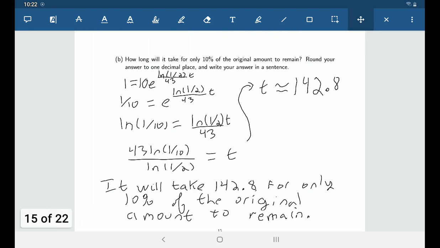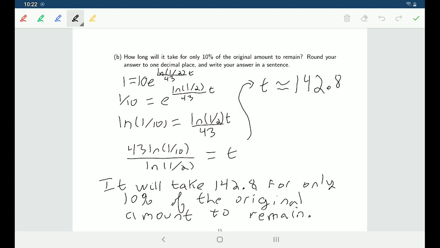Next question, how long will it take for only 10% of the original amount to remain? And of course, if the original amount was 10, 10% of that would be just 1. So that's where I'm getting this first step here. We say that, well, we want the final amount to be 1, and we need to solve for time. How long will it take for that to happen? And nothing really fancy here.